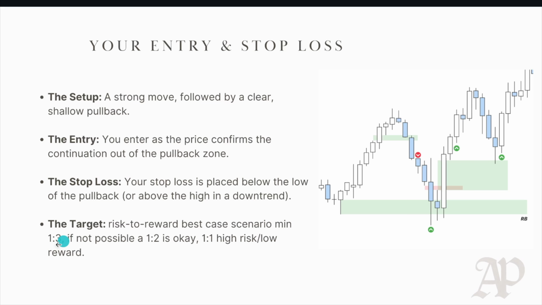So that's why 1 to 3 is good. You can go with, let's say, $300 and make $900, right? So if you lose that $300, it's really nothing. But yeah, 1 to 3 is going to be the best case scenario. 1 to 2 is also okay. And 1 to 1, well, yeah, it just turns into a 50-50, right?